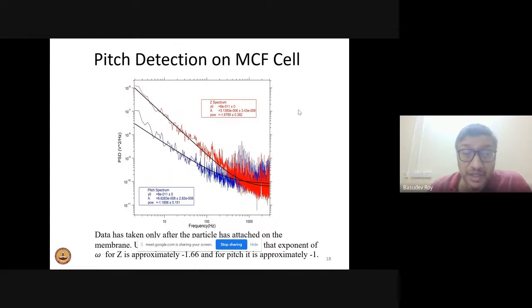Okay, so I do that, and the normal fluctuations give me this sort of power law. The power spectral density goes as 1 over omega to the power of 5/3, and we indeed get 1.66 plus minus 0.4. So this is the normal fluctuations.